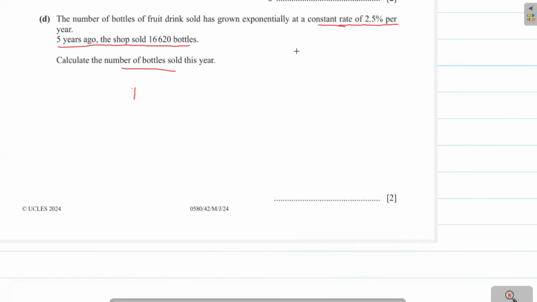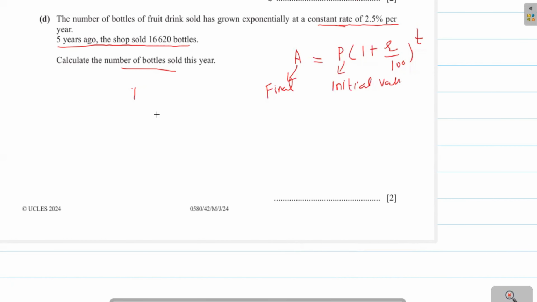Therefore, we will use the formula for exponential growth. The value will be equal to P into 1 plus R over 100, power T. P here is the initial value, A is the final value, and R is the rate.